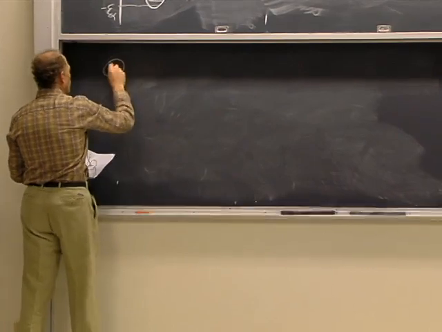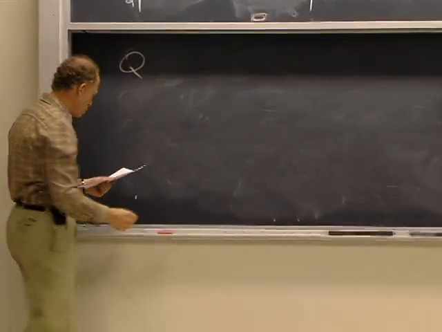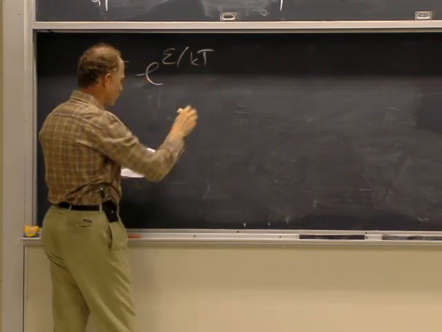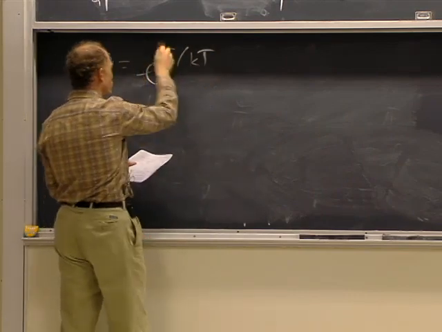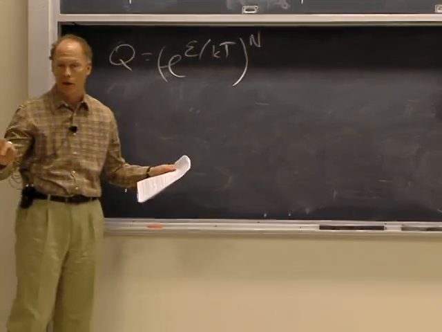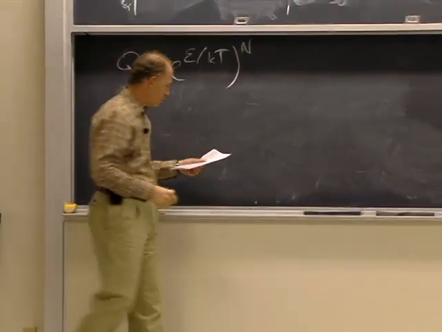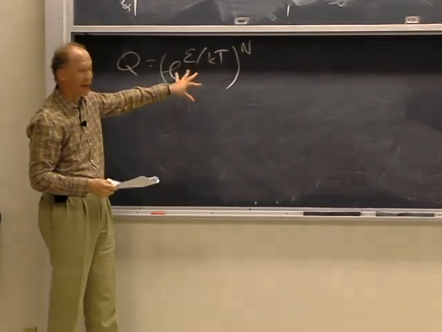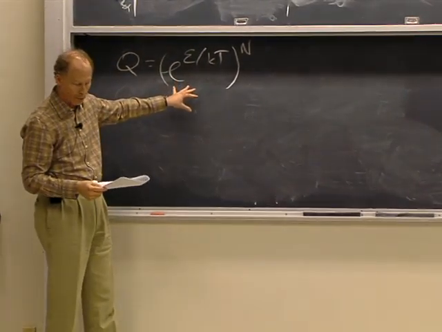So Q for either phase, it's just e to the little e over kT, just like we saw before for the dissociation energies of molecules, to the nth power, right? No n factorial anymore. There's no translation. Times the vibrational part, right? This is the electronic partition function.